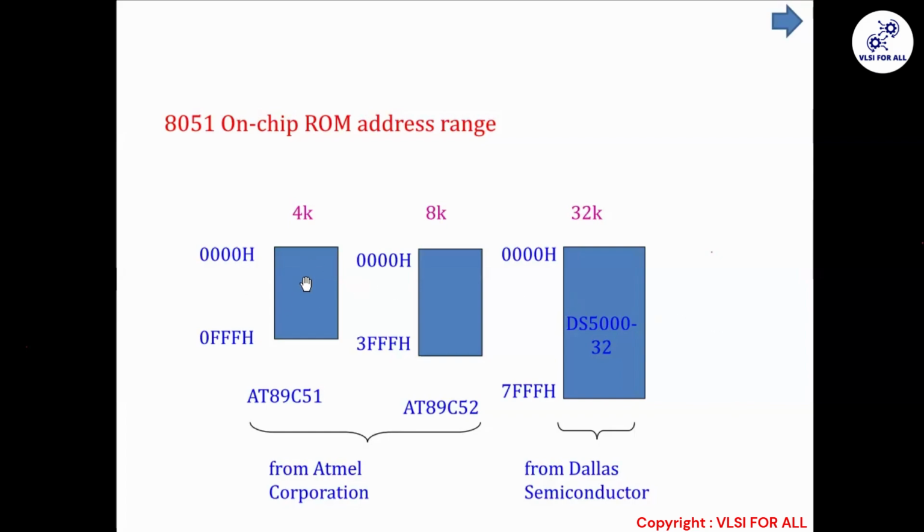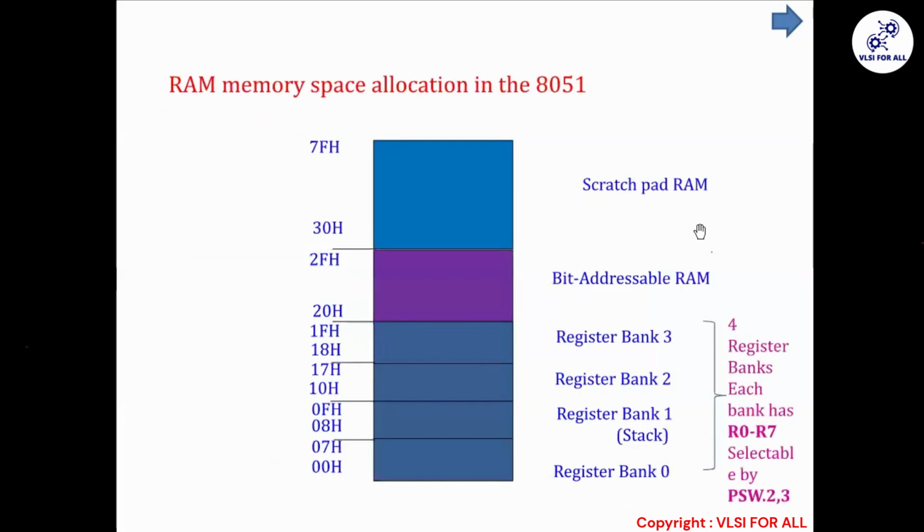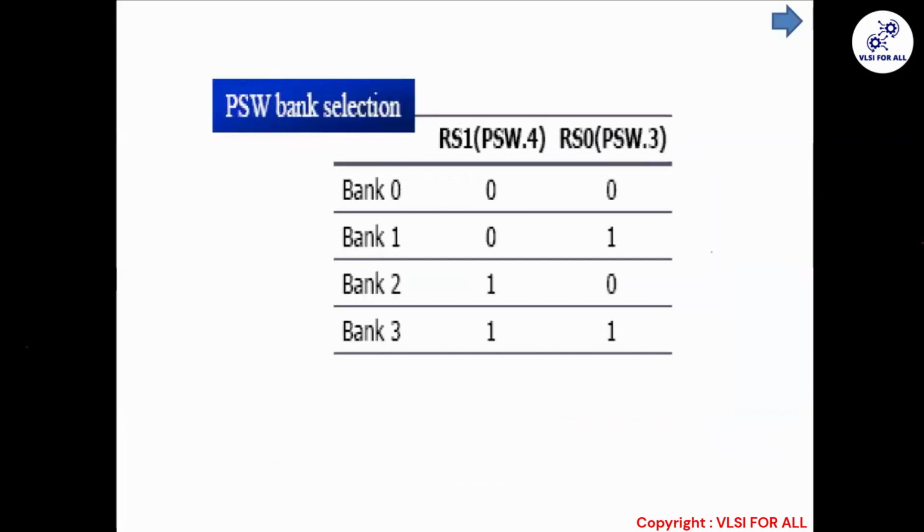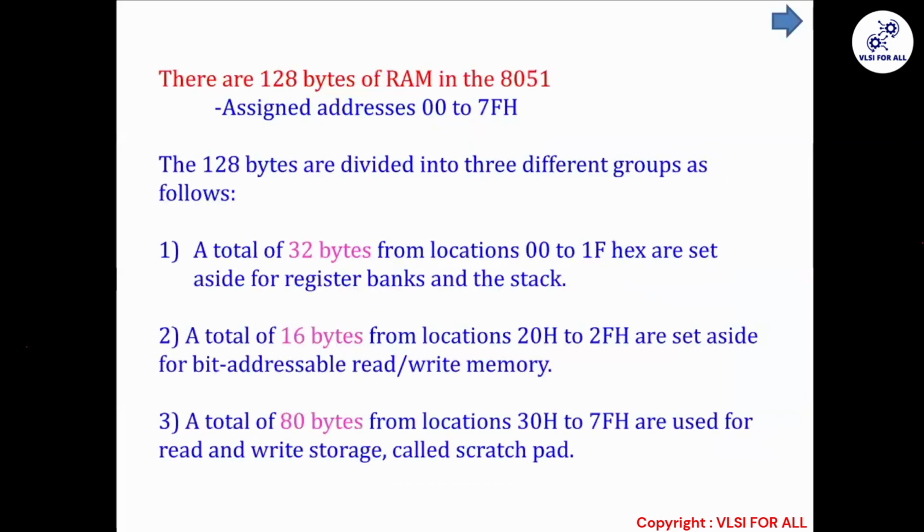The Atmel 89C51 has 4K, the 89C52 has 8K, whereas the one from Dallas Semiconductor has 32K. Anyway, it is not making much sense, so I'll come out of it. We have seen the RAM, and you got the register banks also, so that is also done.